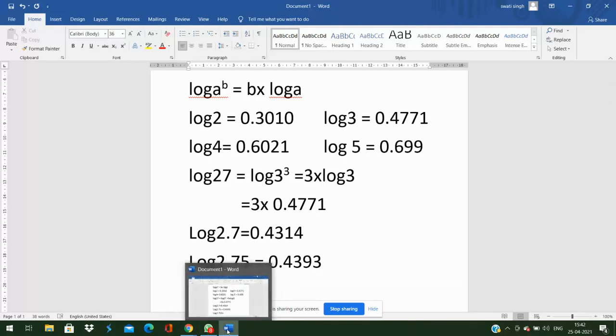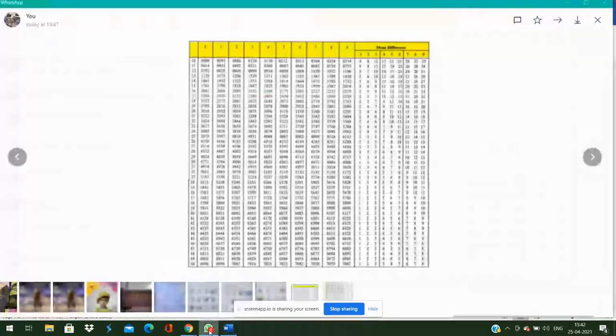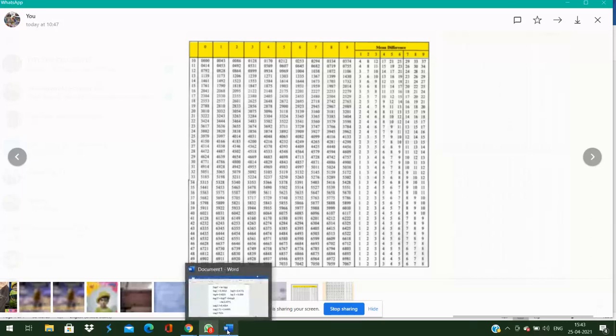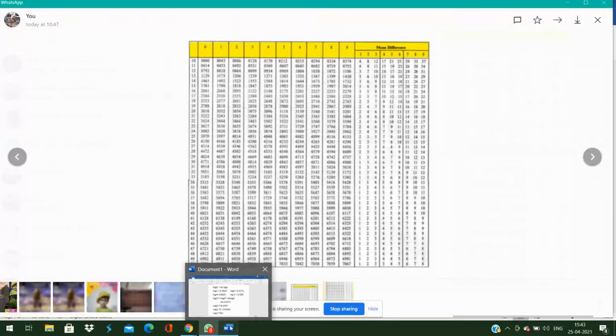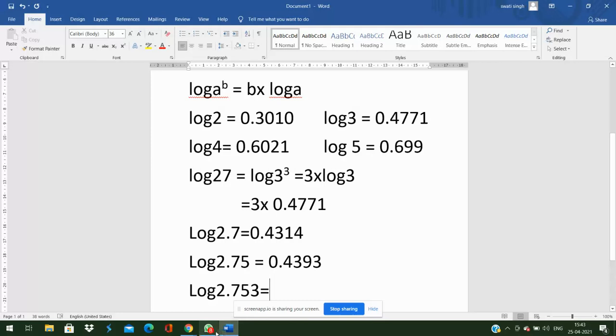Now how will we observe the last digit? Just look at here, the last digit is 3. The first two digits are observed from here, the third digit from here, and the fourth digit from the mean difference. We have taken the mean difference value as 3.